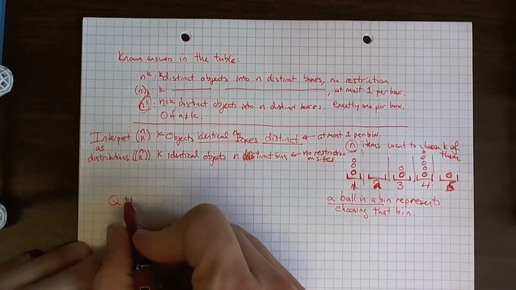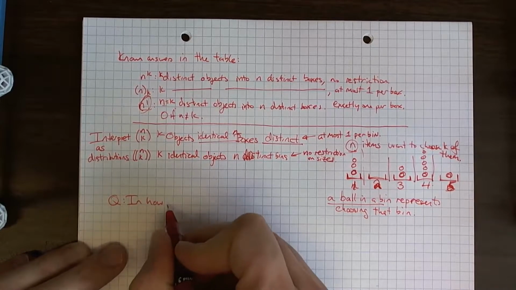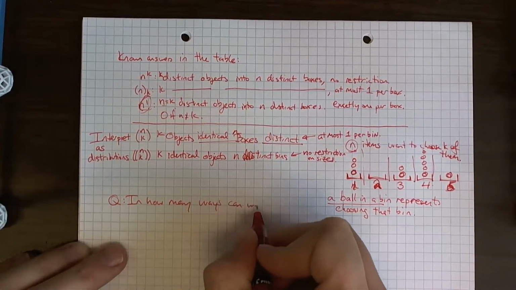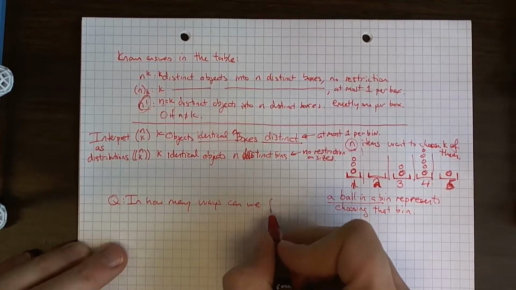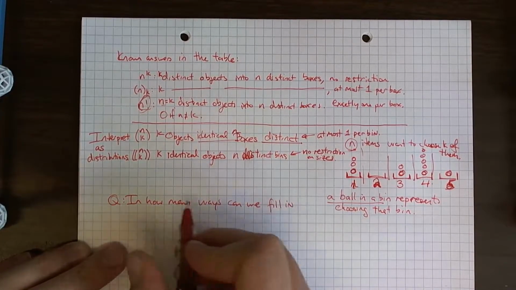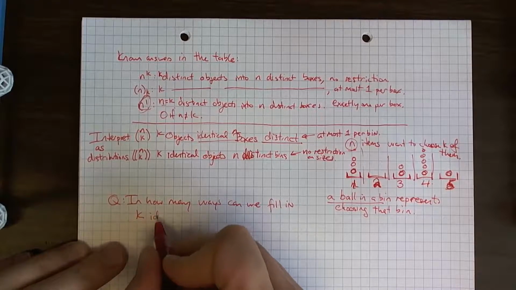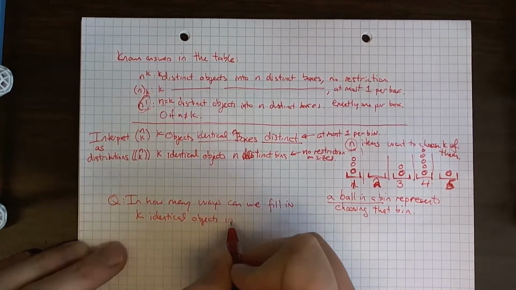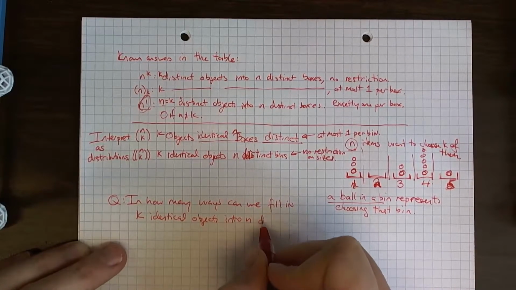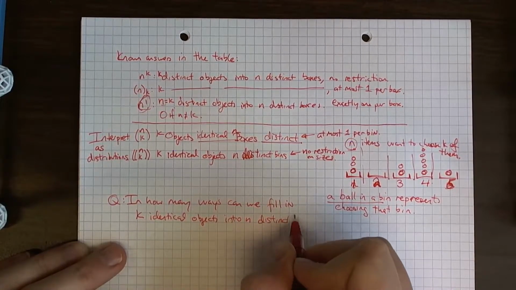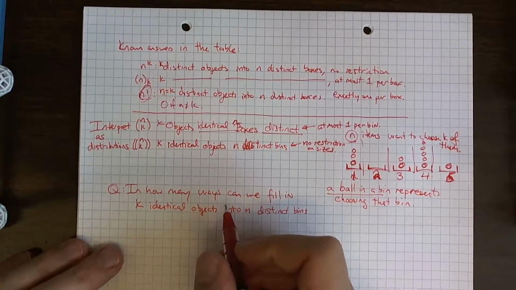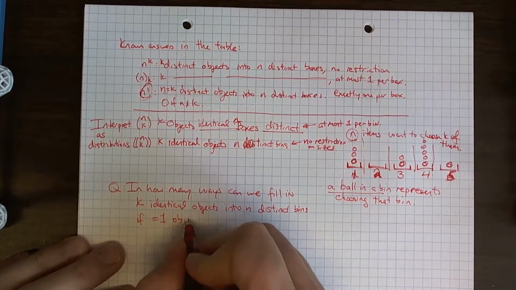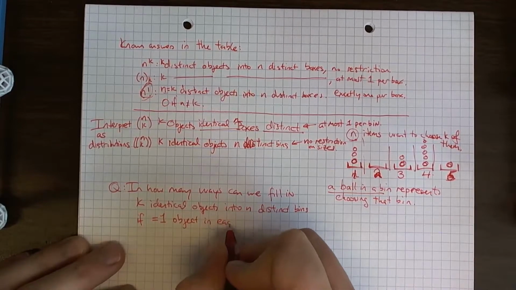Question: in how many ways can we fill in k identical objects into n distinct bins if there's exactly 1 object in each bin?